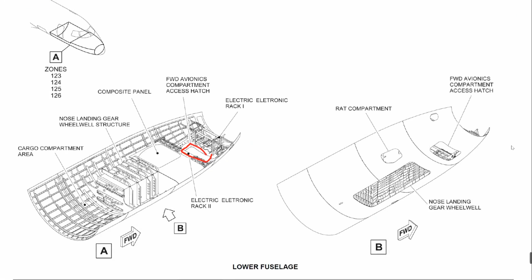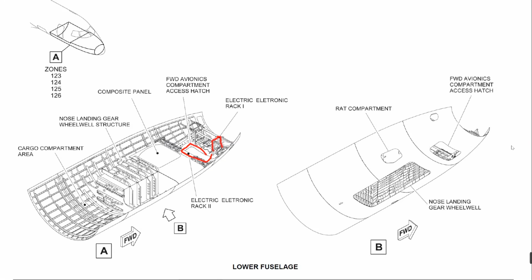Here we have these electronic racks, yes, and this electronic rack is another example of secondary structure. It's not a structural component which is accepting any kind of heavy loads or pressure loads, this is just a rack keeping the avionics equipment. This is kind of secondary structure.